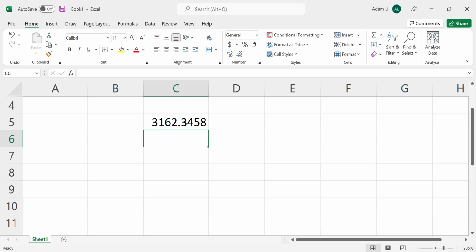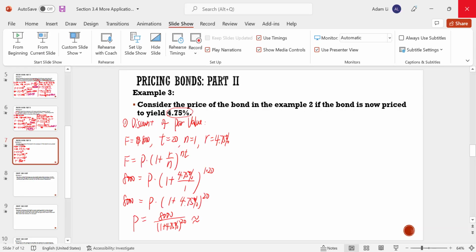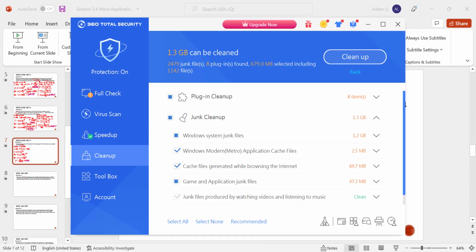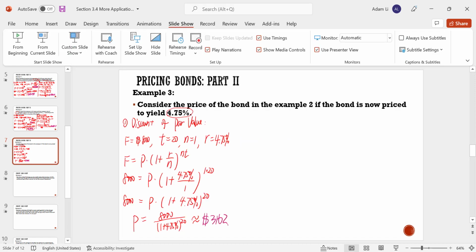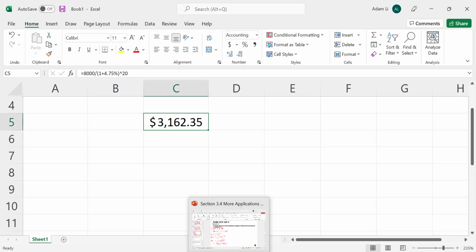Okay, so the lower rate, meaning when the market yield is lower, investors are getting less interest, less dividend from that, so they have to pay more, right? So this turned out to be $3,162.35. So this is the discount of the par value.